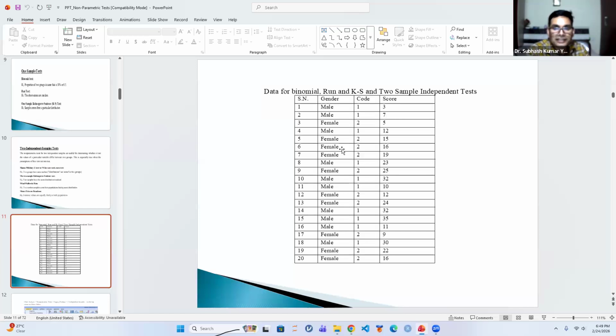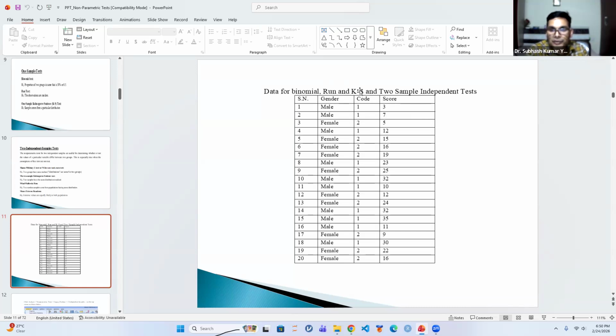Here is the data, where we have gender in two groups, male and female, and a score on some test, like 3, 7, and so on. We can perform the binomial test to see whether male and female are 50-50% or not, and check randomness through the run test.